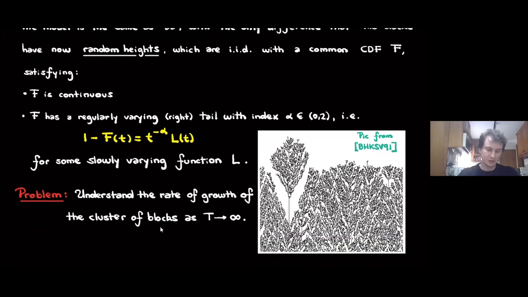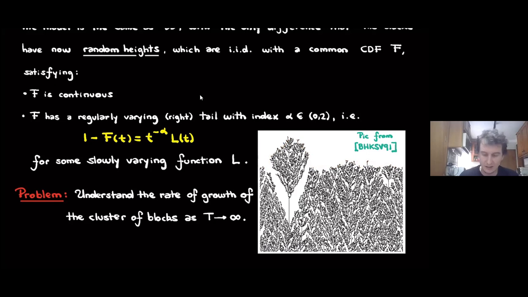The problem that we're going to study is to see what the rate of growth of the surface, or the cluster of blocks, is in this heavy-tailed setting. It's known that for standard ballistic deposition, the height of the cluster, like this line, which is kind of an interface, grows linearly with time.